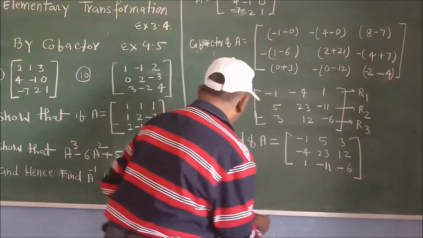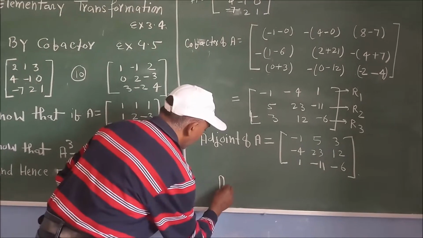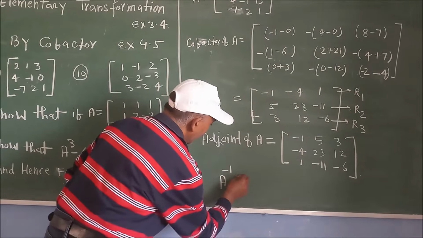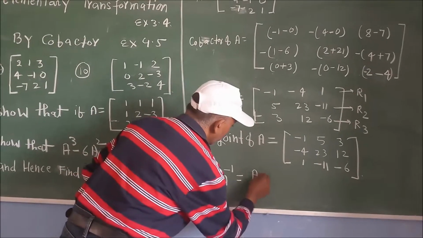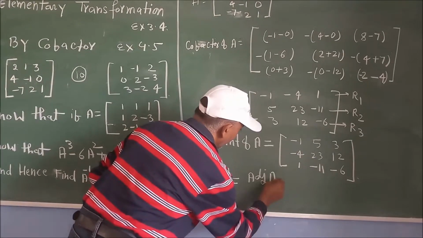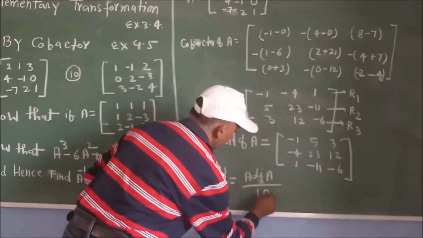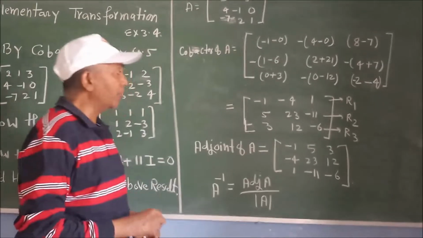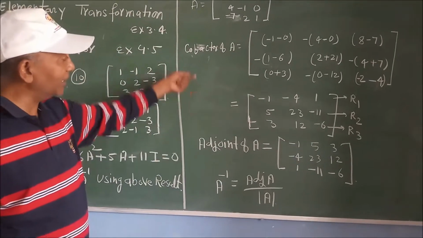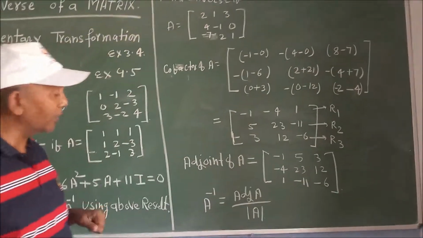And use the formula. In our last class I discussed that A inverse is equal to adjoint A upon determinant A. But see here, I have not yet calculated the determinant.